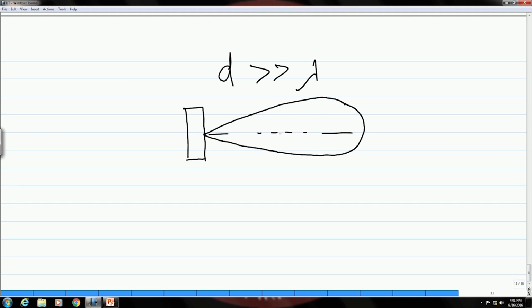Okay, so it becomes directional like this. In this case you can see that the beam is divergent, so it has a divergence angle alpha.